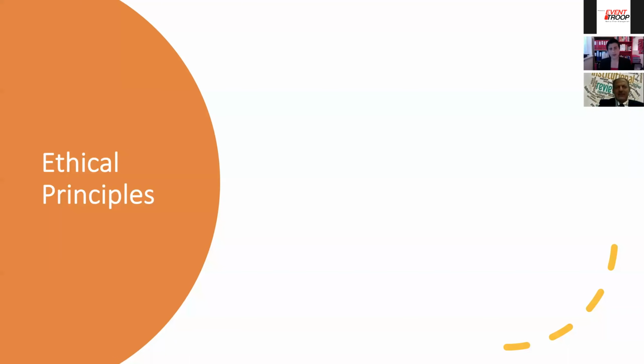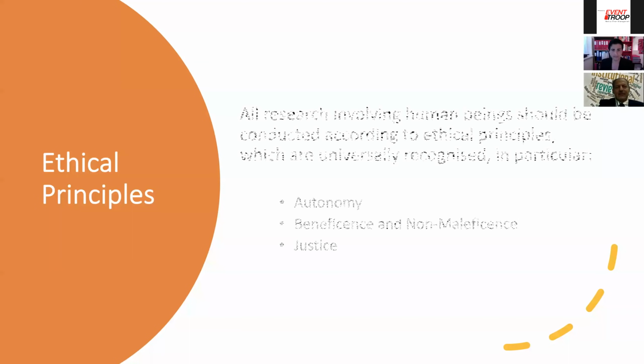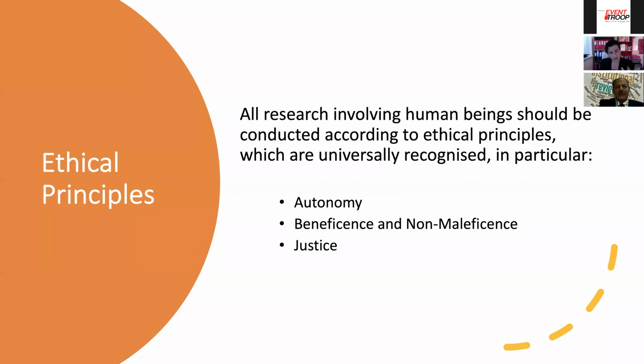Before I do that, I'll just do another little recap on some ethical principles. GCP is an ethical and scientific quality standard. So when we talk about ethics, what do we mean by ethical principles? Over here, I'm showing you 3 universally recognized ethical principles. All research involving human subjects should be conducted according to these principles.